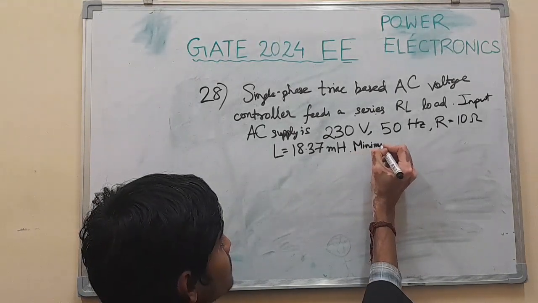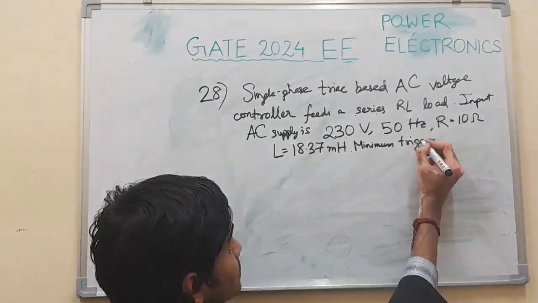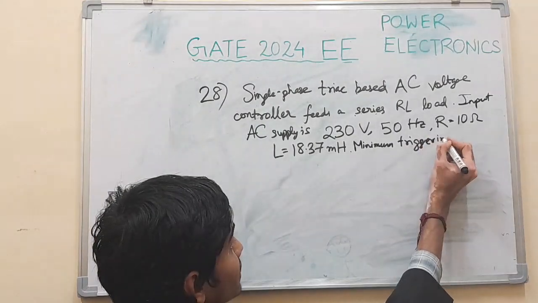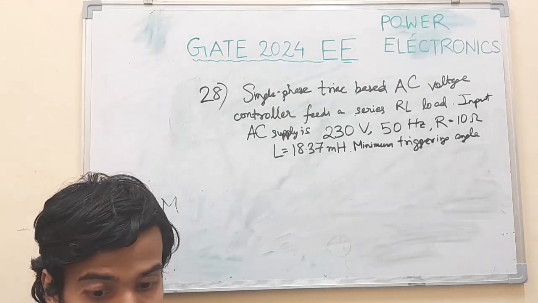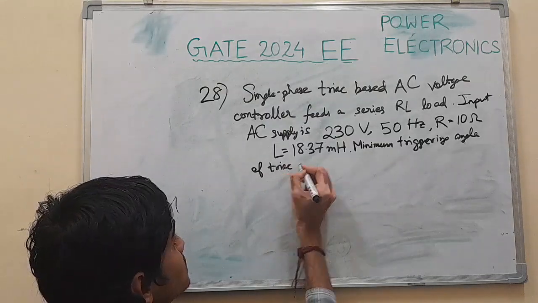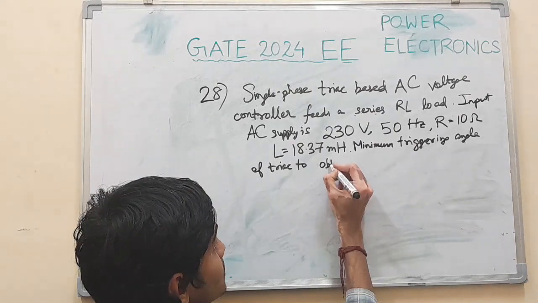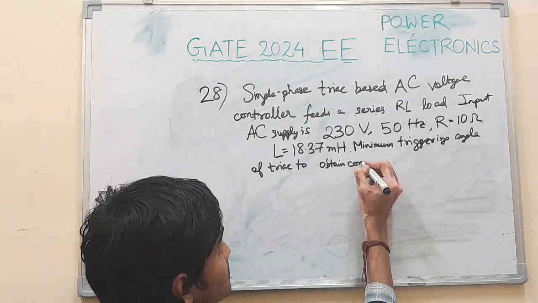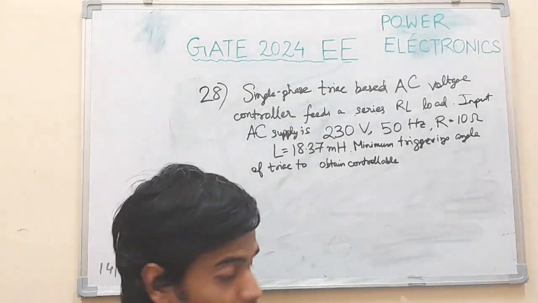We are required to find the minimum triggering angle of the triac to obtain controllable output voltage.